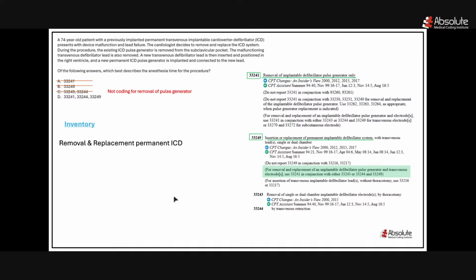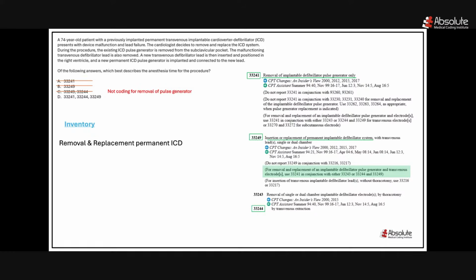Now, option C is also incorrect. That is not coding for a removal of pulse generator, right? Option C is coding for 33249, which is for insertion of an ICD system, and 33244, which is removal of a transvenous defibrillator electrode. But again, it is not coding for removal of the pulse generator.